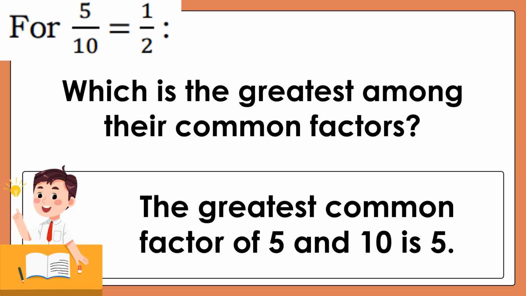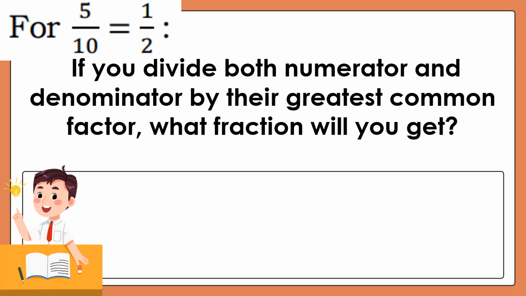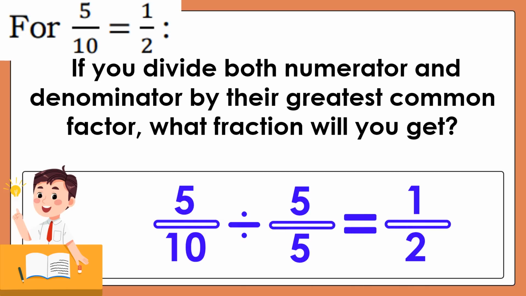The answer, the greatest common factor of 5 and 10 is 5. If you divide both numerator and denominator by their greatest common factor, what fraction will you get? The answer, 5/10 divided by 5/5 is equal to 1/2.